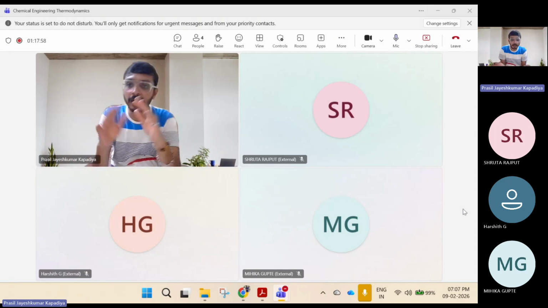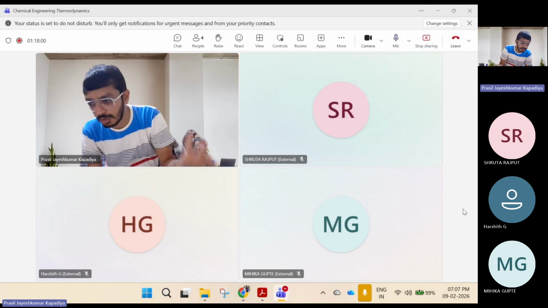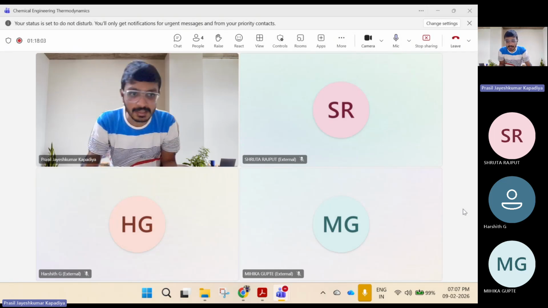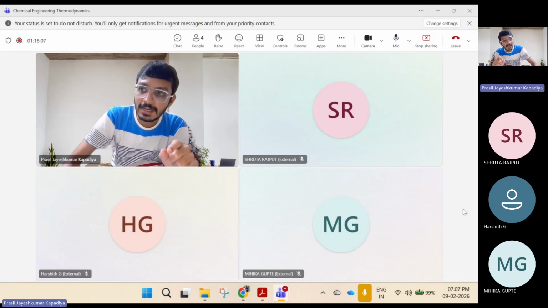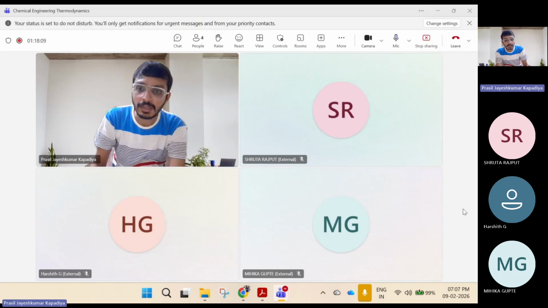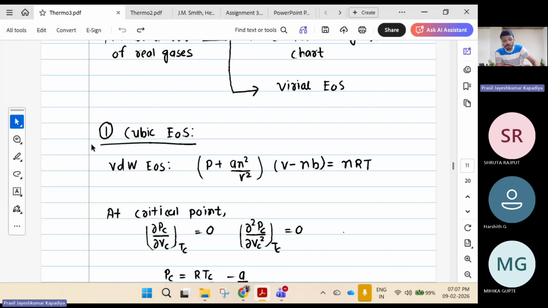Let's say I am sitting in a room. In the room there are some oxygen molecules. The ideal gas assumes that the volume of an oxygen molecule is very small compared to the volume occupied by the system. That is the assumption for an ideal gas. So when I am going from ideal to real gas, I need to try to rectify these assumptions. My first assumption was that there are no interactions between molecules.